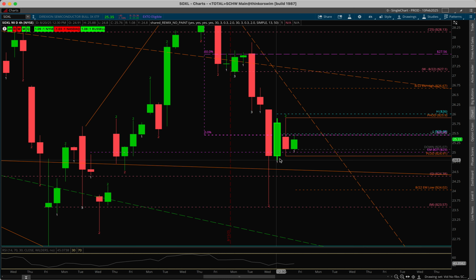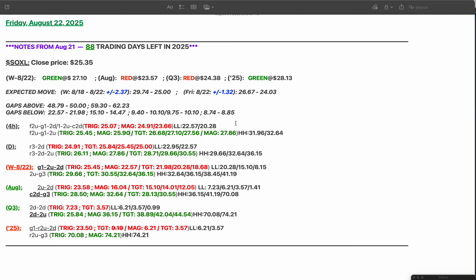25.90. And then we can have some extended targets here of the high of this candle, which was a pretty big movement for the first 4 hours of yesterday, which is 26.11. And we'll leave the 26.68 out there as well.